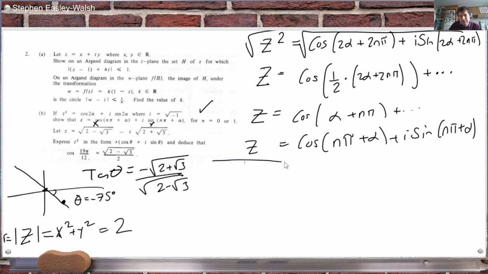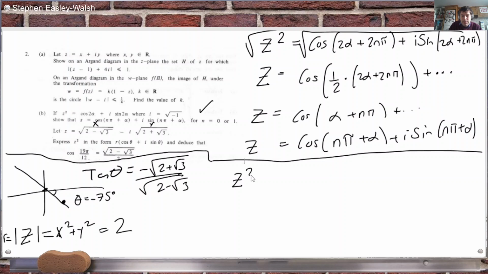Okay, so for the second part here, we have Z squared, which would be r squared, cos 2 theta plus i sine 2 theta.